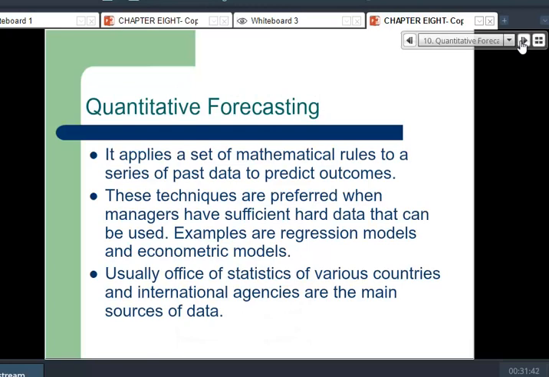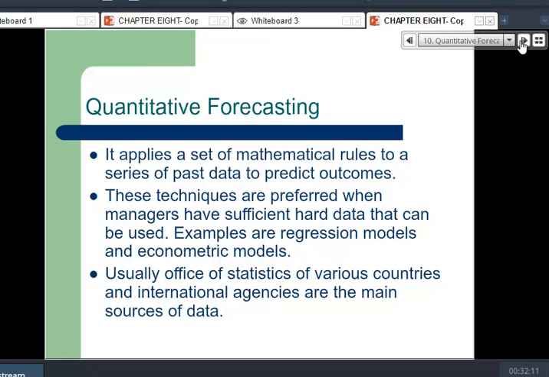Quantitative forecasting applies a set of mechanical rules to a series of past data to predict the outcome. The quantitative approach totally depends on past information. We read and understand past information and data in order to predict, anticipate, and forecast the future.